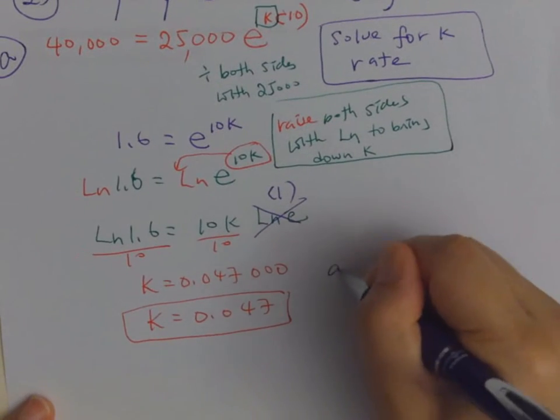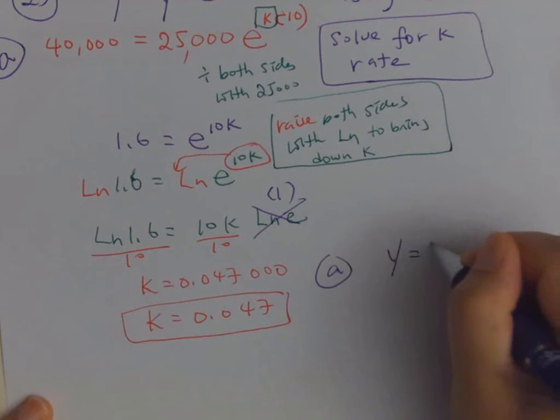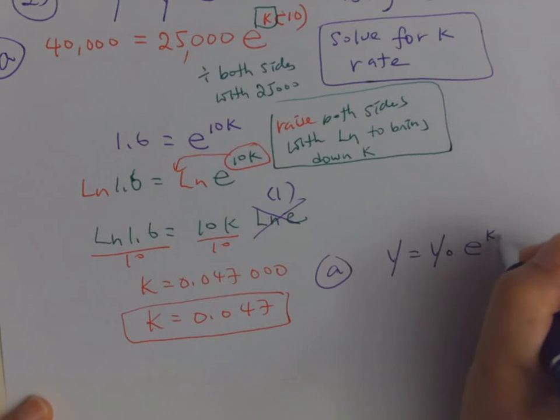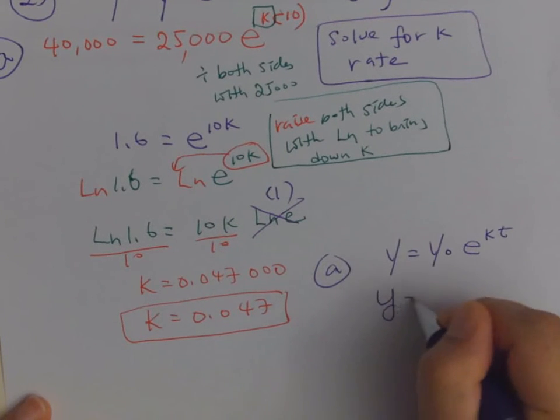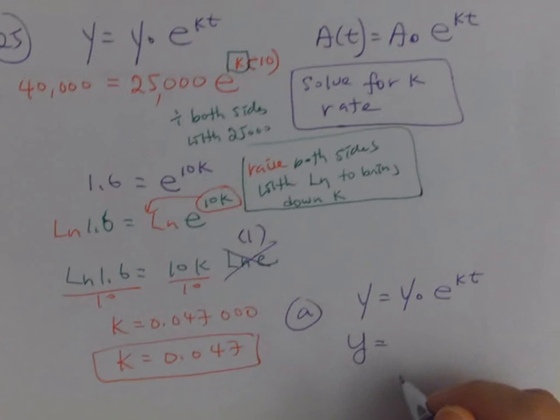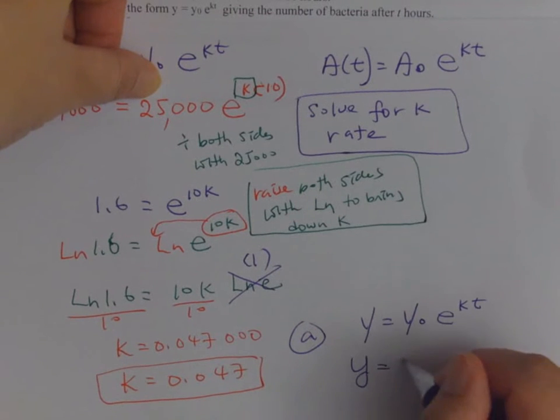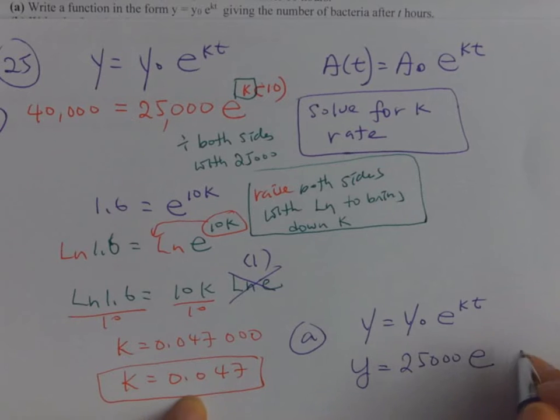So for part A they want you to write y equal to y0 e^(kt). So y equal to the initial amount, which was 25,000, e, my k value should be 0.047 t.